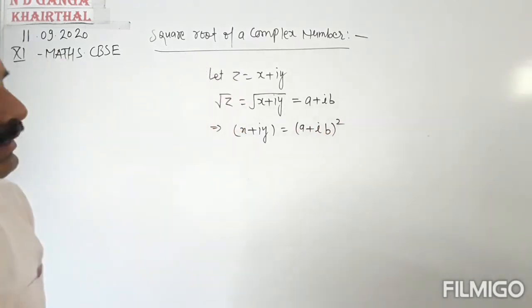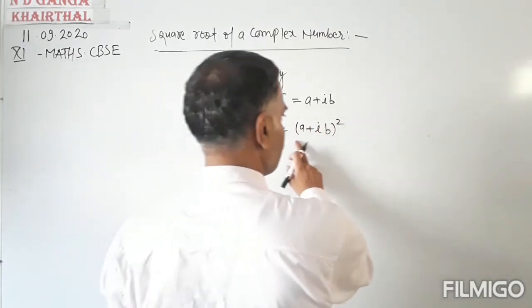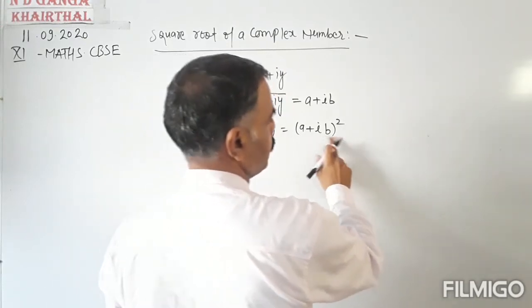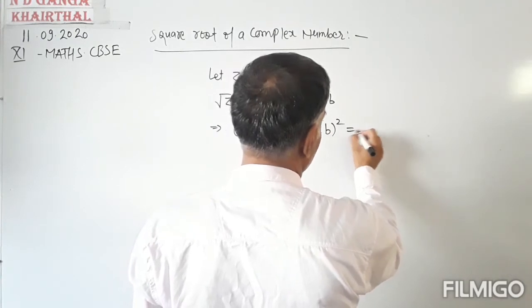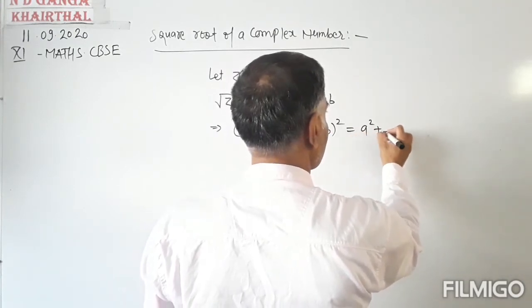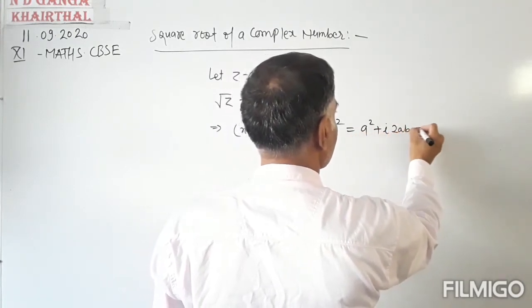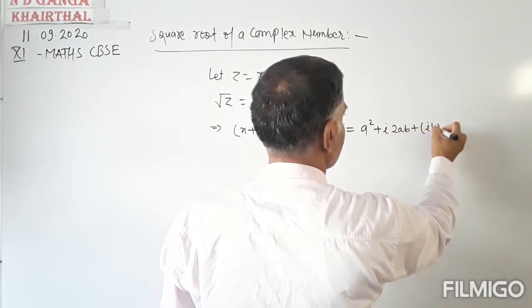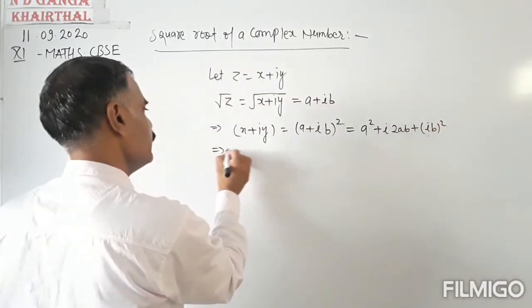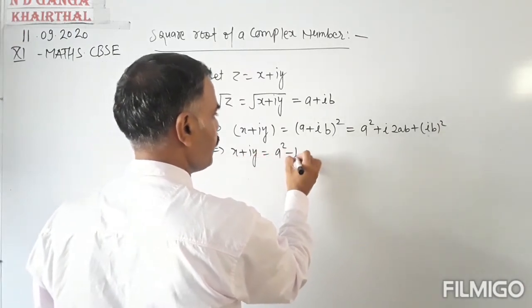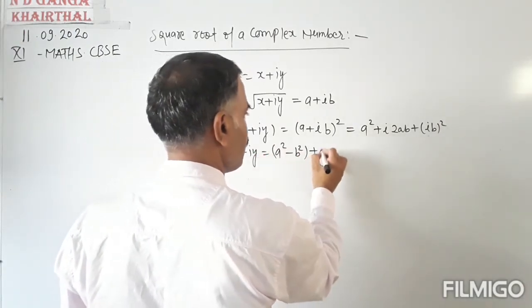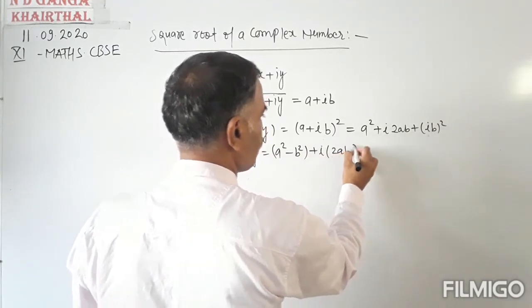Expanding using the (a plus b) whole square identity, we have a square plus iota 2ab plus iota square b square, or x plus iota y is equal to a square minus b square plus iota 2ab.